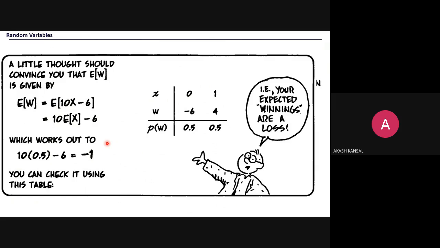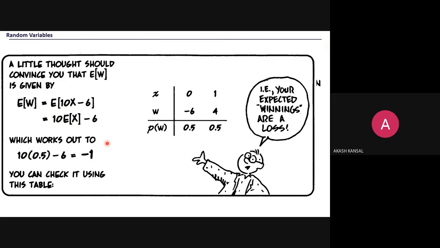When you win, you get $4 more, but when you lose, you lose $6. If this experiment is done twice, once you win and once you lose, you win $4 but lose $6, so you are at an average loss.